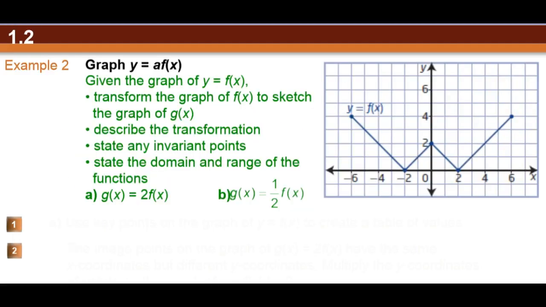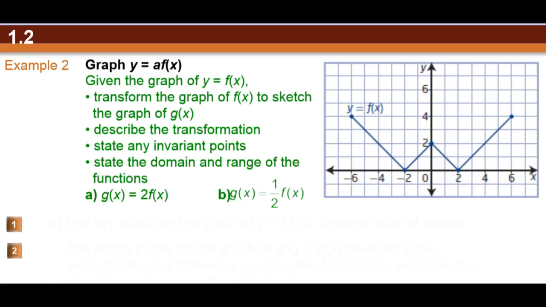Okay, number 2. Again, we were talking about these equations. It says you're given the new equation. We have to describe the transformation, so that just is say what is happening.